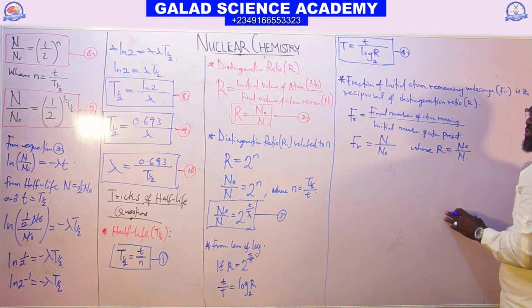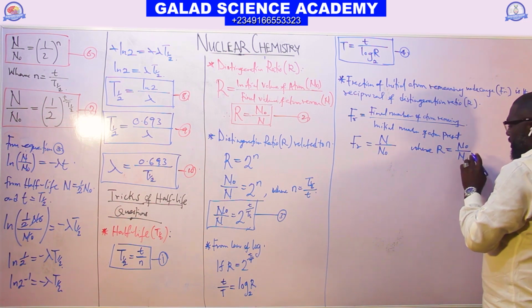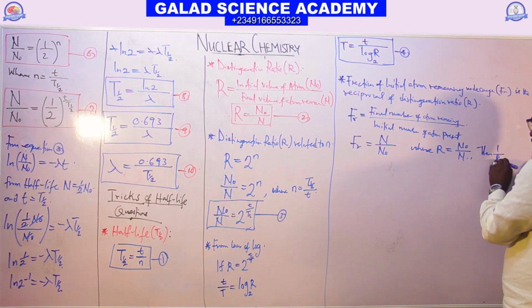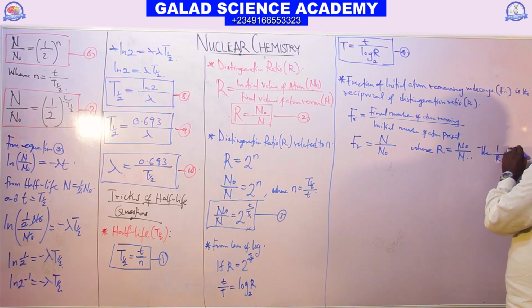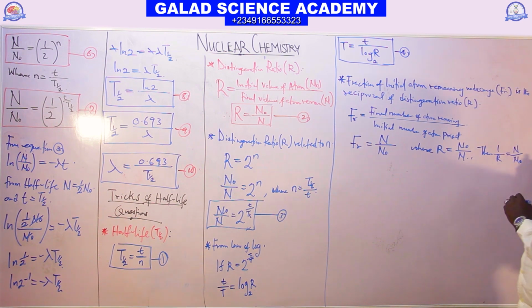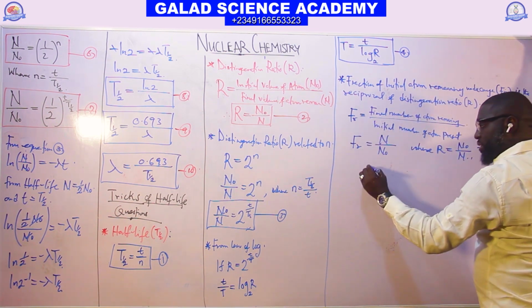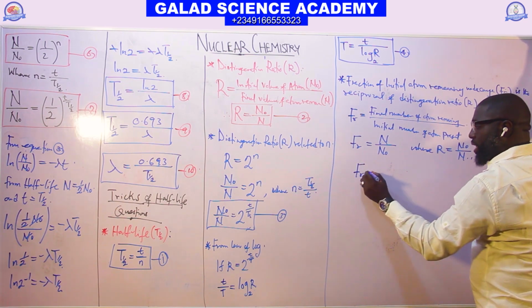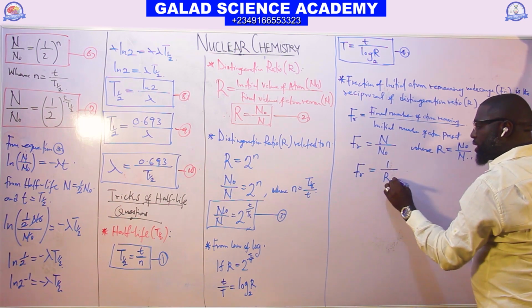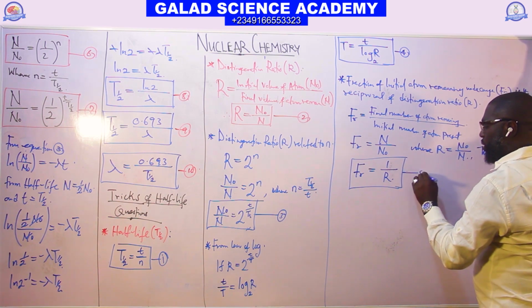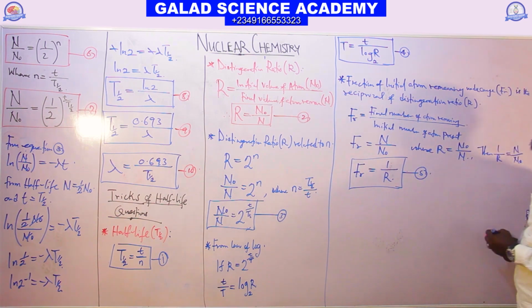So 1 over R will be N over N naught. Therefore, the fraction of atom remaining FR will be 1 over the disintegration ratio. Call it equation 5.